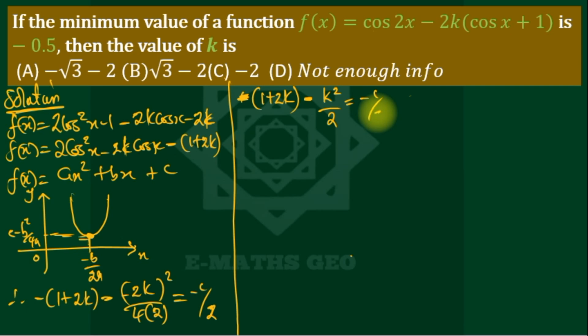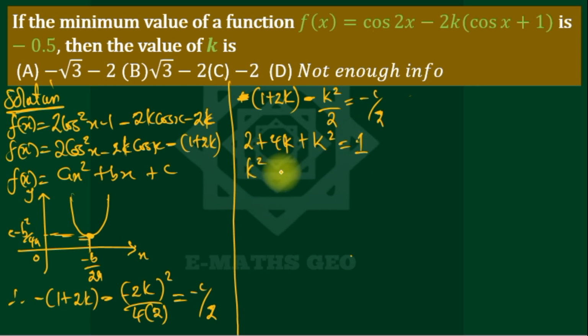So let's multiply both sides by minus 2, because the LCM is 2. Minus 2 times that is now 2 plus 4k, minus 2 times that is plus k squared, minus 2 times that is plus 1. So we'll rearrange it.